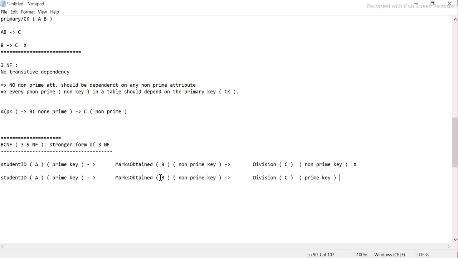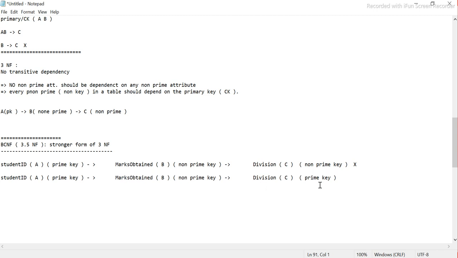Now B is dependent on A. This is perfectly all right: non-prime is dependent on prime. Now, if one prime is dependent on a non-prime, in either way, right? This can also be like this.